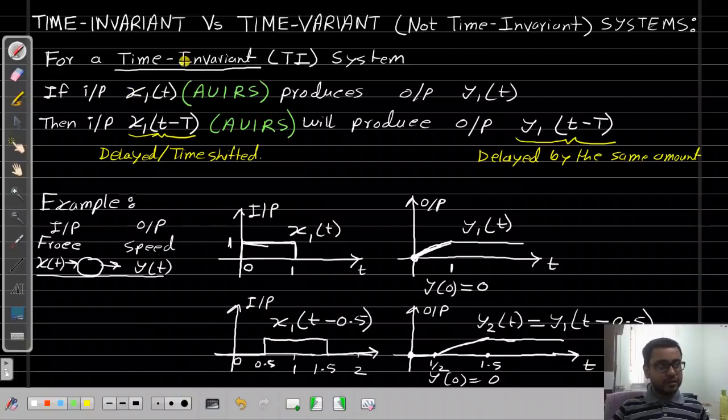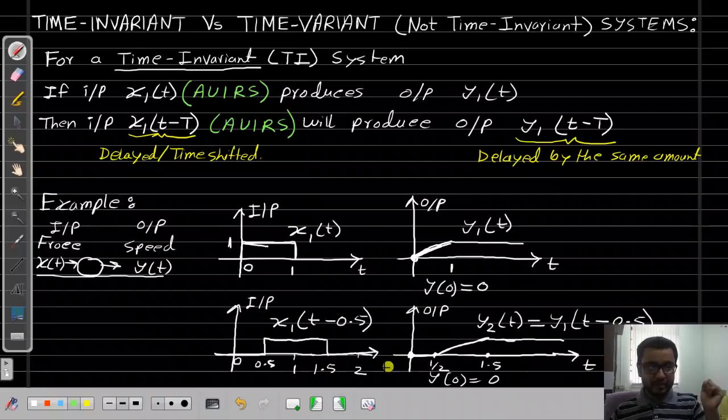Now, this word invariant means it is not dependent on time. The system property or behavior does not vary with time or does not depend on time. If you give the same input at a later time, you shall get the same output pattern at that later time.